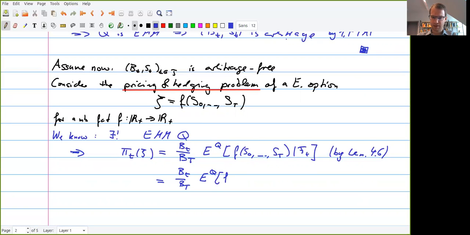Let me rewrite this as: there is the part which you observe. If you are at time t and want to know the price at time t, we can use the information up to time t. So we keep this one, and the prices coming afterwards we express in a measurable part, which is the price at t, and an independent part, which is this, right?